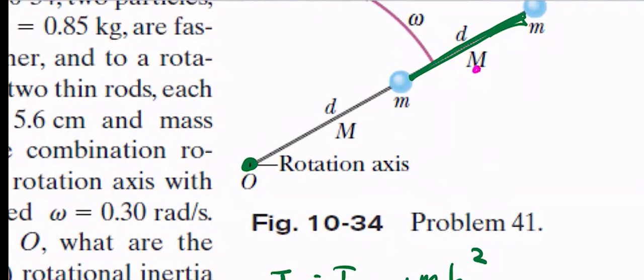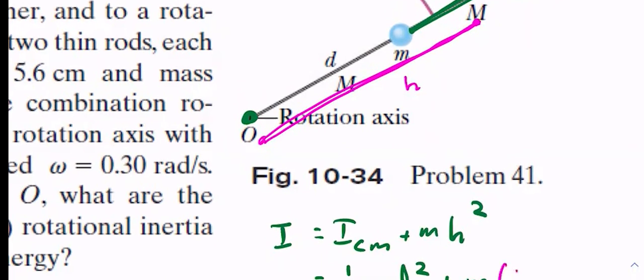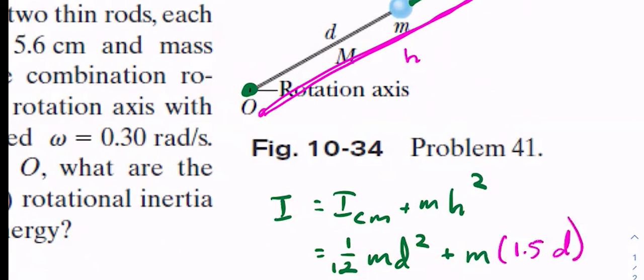From the center of mass to the point of rotation, this distance is h. So my h is going to be 1.5 d. It's 1.5 d, and I have to square it. So parallel axis theorem: the rotational inertia about the center of mass plus the offset value, mh squared, where h is the distance from the center of mass to the point of rotation.